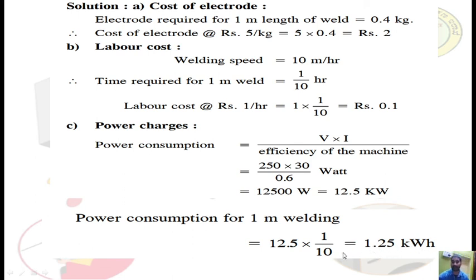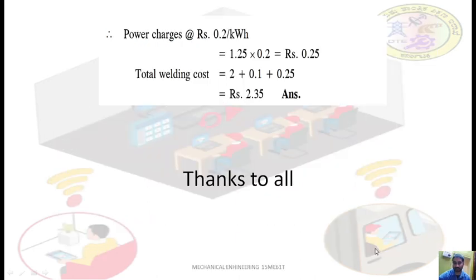So the power charges is ₹0.2 per kilowatt hour. So we have to pay ₹0.2 if you use the power for 1 kilowatt hour. So 1.25 kilowatt hour multiplied by 0.2, that is 0.25, it is the power charges.